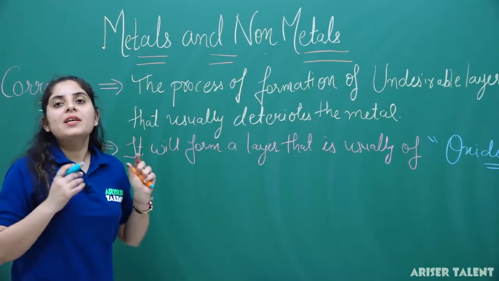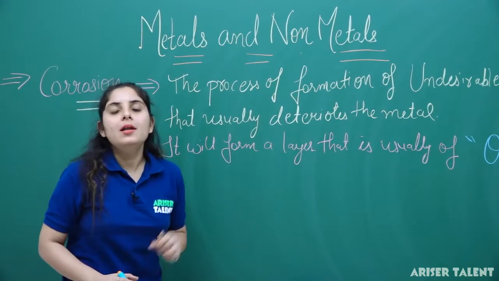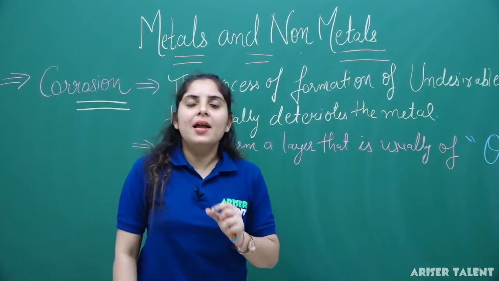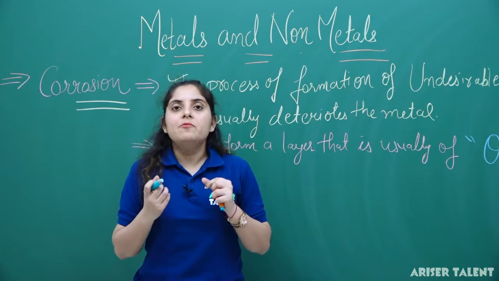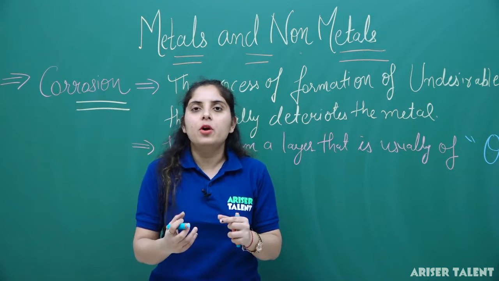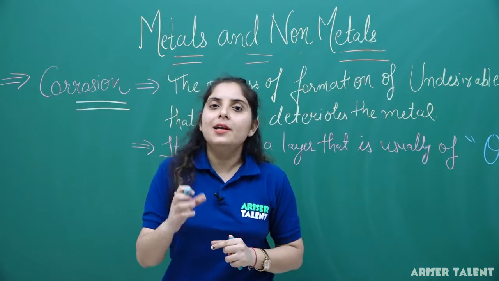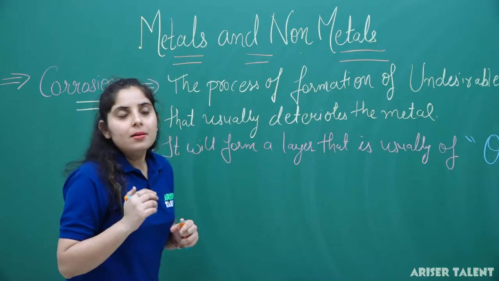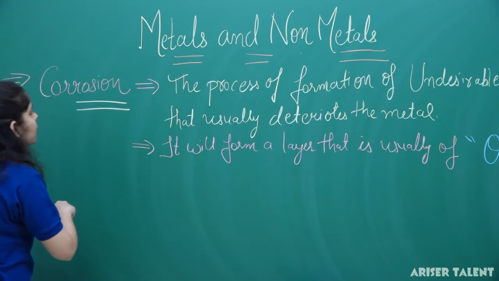Now we will consider a process called rusting. Rusting of iron is a basic phenomenon in which iron loses its properties on reaction with moisture and water and forms a brown colored flaky layer on the metal. So what is rusting of iron?